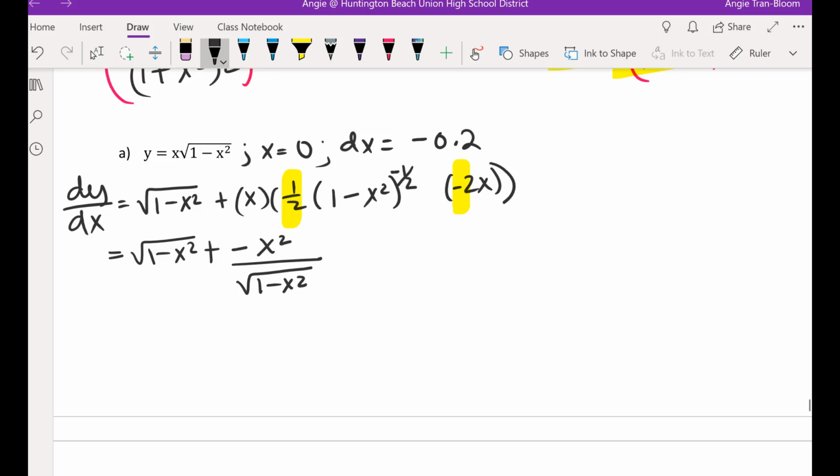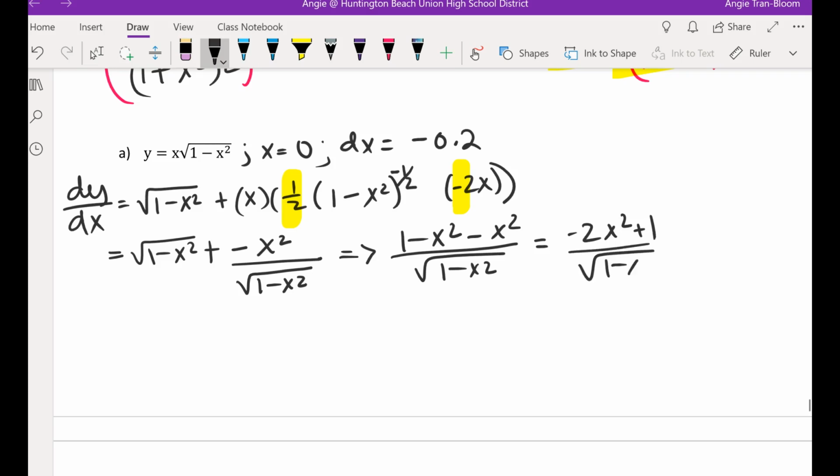I would now find a common denominator, so that means 1 minus x squared minus x squared all over the square root of 1 minus x squared. Let's simplify that some more. This is negative 2x squared plus 1 all over square root of 1 minus x squared. So this is what my dy over dx equals.